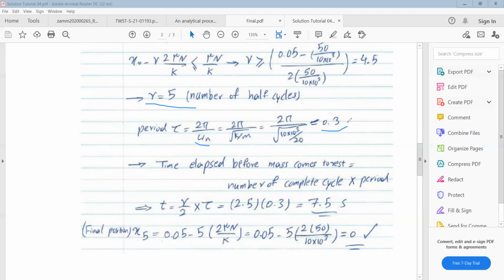So we know that each complete cycle takes 0.3 seconds. This is the period of the motion, and we know that the number of the cycles is r divided by 2, which is 2.5. So it will be 2.5 complete cycles multiplied by the time for each complete cycle, which is 0.3, and it's equal to 7.5.